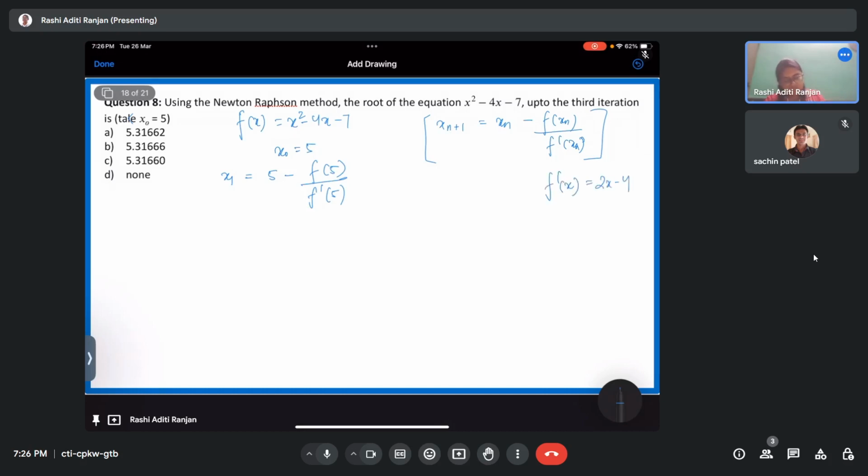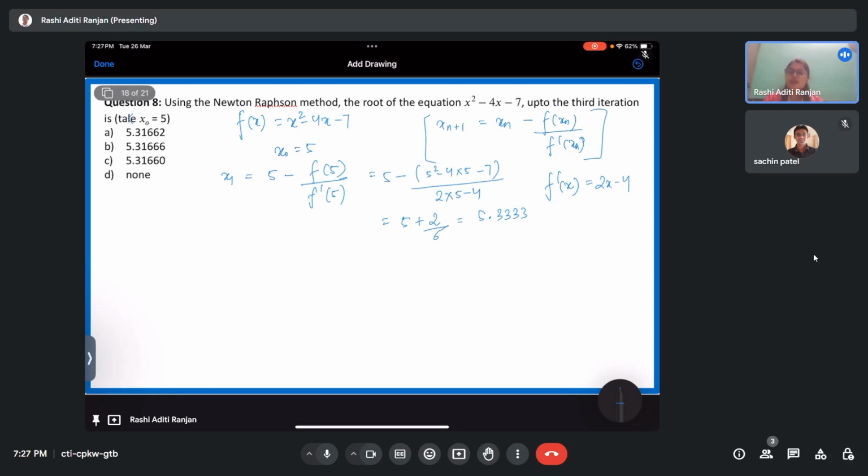So this will be 5 minus (5 square minus 4 into 5 minus 7) divided by (5 minus 4), which is going to be 5 plus 2 by 6. So it will give me 5.3333, I'm taking up to 4 decimal places. So this is my first iteration.